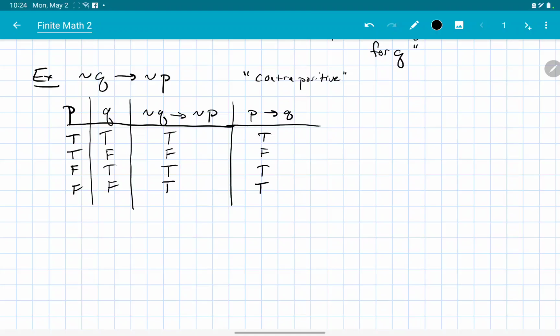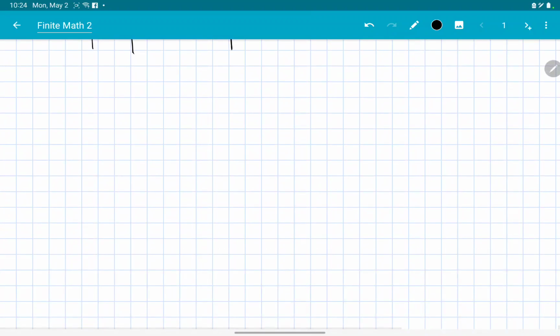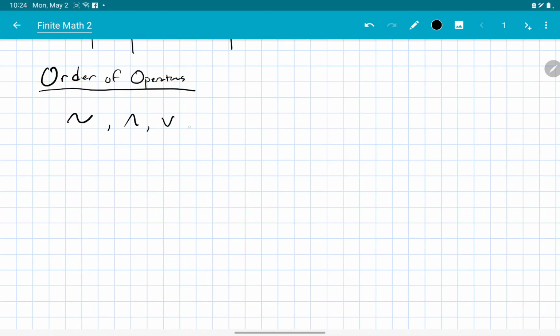Okay, the last thing we're going to talk about today is something that I have not really seen before, which is order of operations. I mean, I've seen order of operations for parentheses and multiplication and addition and stuff. We're all familiar with that. But these logical symbols have an order of operations. And it's as follows: not, and, or, implies, double implies, or biconditional.